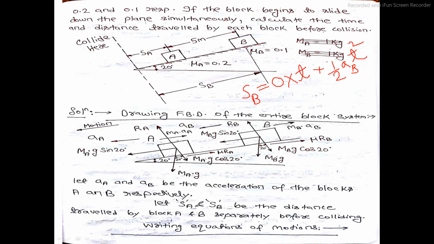So the equation of motion for block B becomes SB is equal to half AB into T square. AB we have just found out by writing down the force equilibrium equation for block B. Just substitute the value of AB in this equation, SB equal to half AB T square.